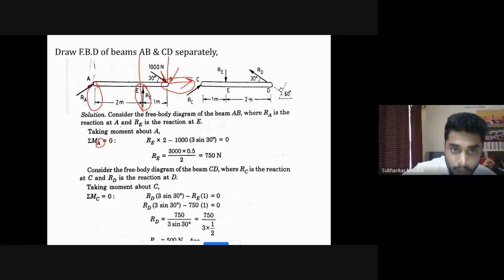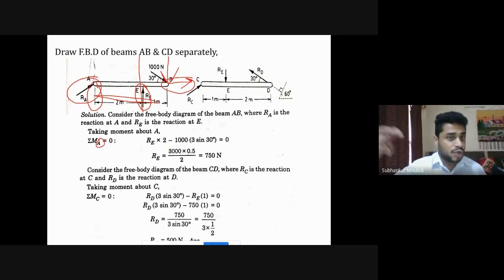And it is a clockwise moment. So minus 1000 sin 30 into the perpendicular distance, that is 3 meter, equal to 0. And neither will I take this force RA, again it is passing through point A, which is not trying to make this body rotate.